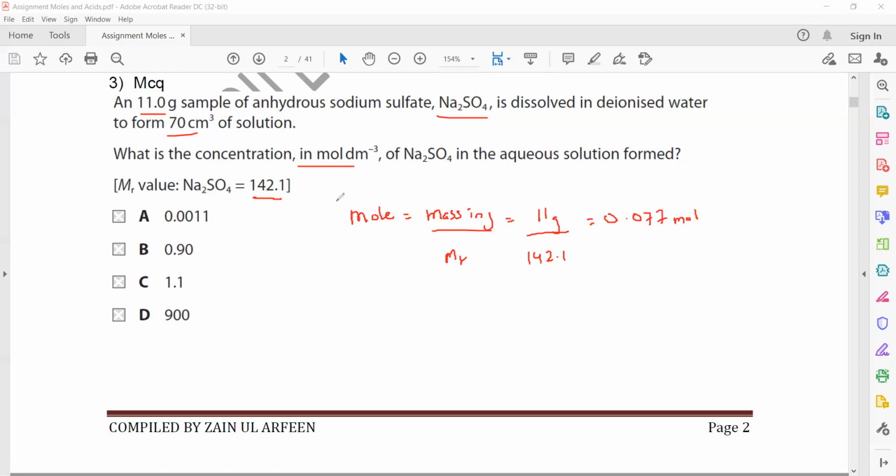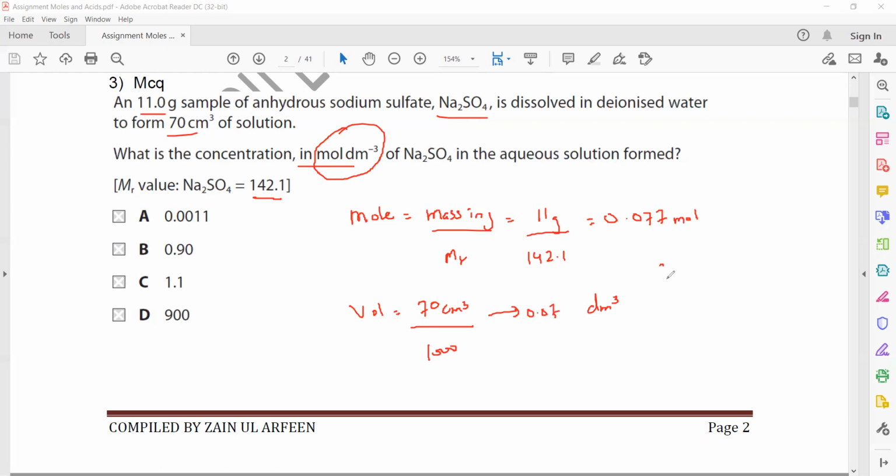Because for the final answer we need a concentration in mole per dm cube, the volume should be in dm cube. The volume here is given as 70 cm cube. We have to convert into decimeter cube. So to convert cm cube to dm cube, we divide by 1000. So 70 divided by 1000 is equal to 0.07.